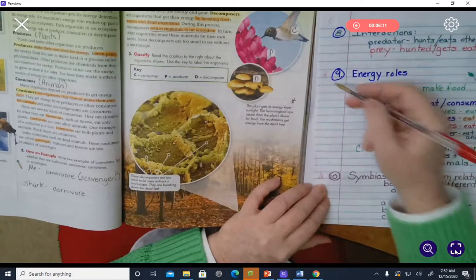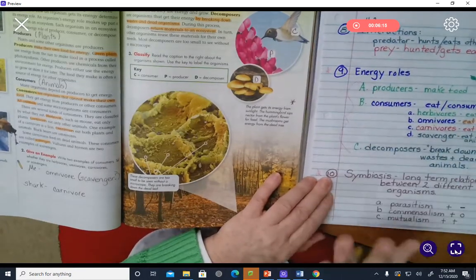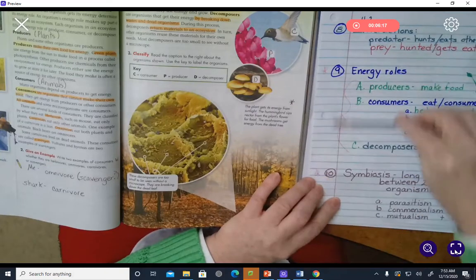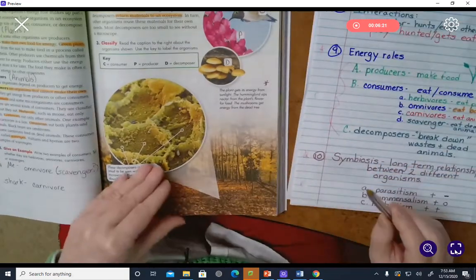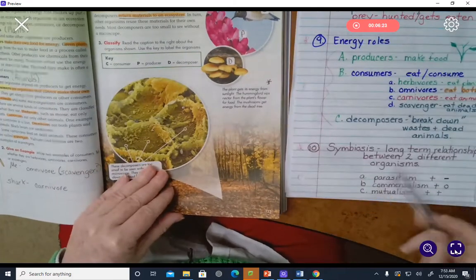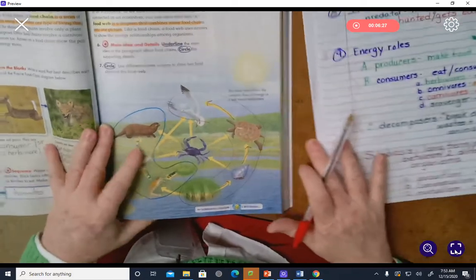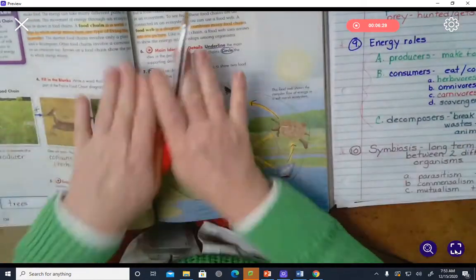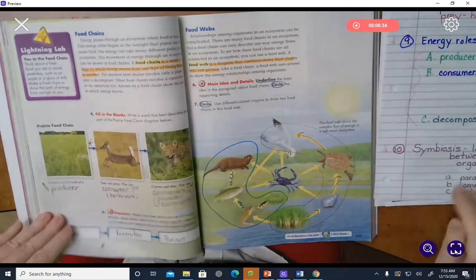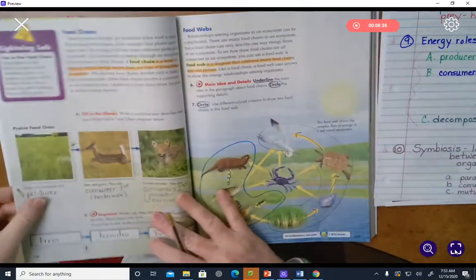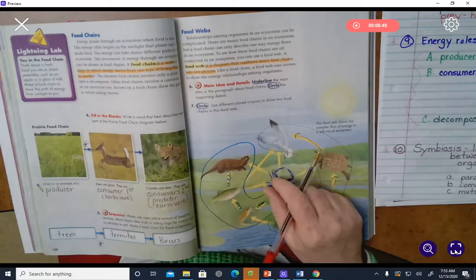I'm going to go ahead. I starred number 9, and I'm going to tell you the whole of number 9. You should know these. Actually, 9 and 10 are pretty important. This is new information for you guys, especially this idea of symbiosis. Food chains and food webs are on pages 134 and 135, and there are a few of those questions also on the test.